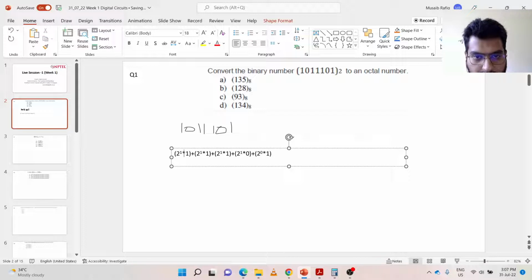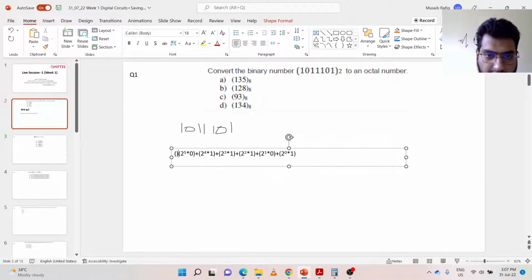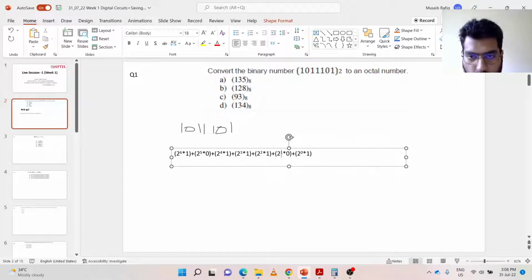This is the second bit, this is the third bit, and this is the fourth bit. Then we have 0, and finally at the sixth bit we have 1.